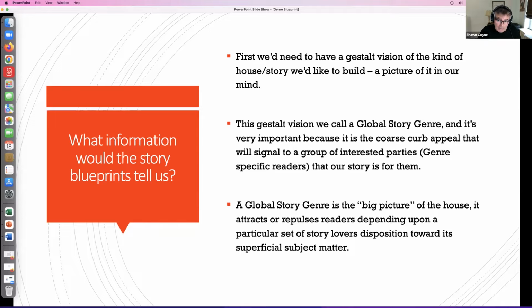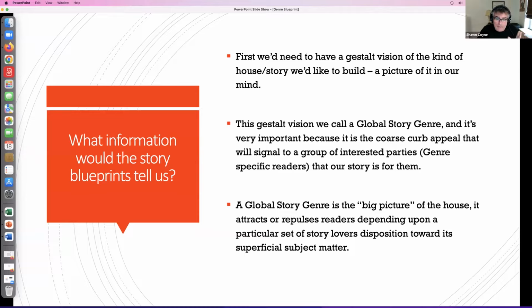It's very important because it gives us the coarse curb appeal that's going to signal to a group of interested parties called genre-specific readers that our story is for them. Oh, I like that kind of story. I like the way that looks. Let me open up the book and see what it's about, right? So a global story genre is the big picture.